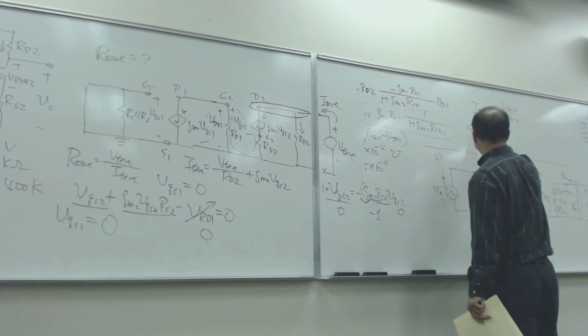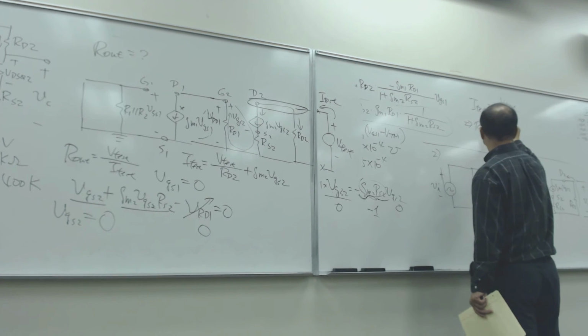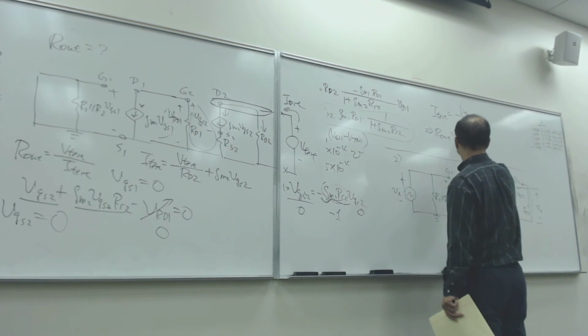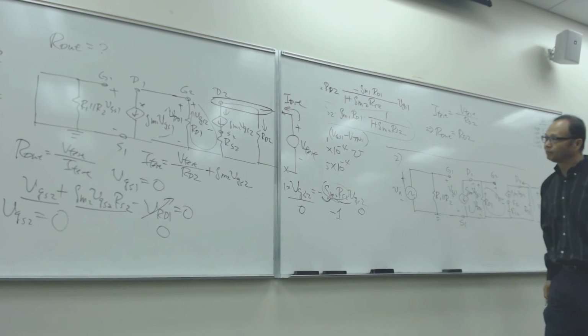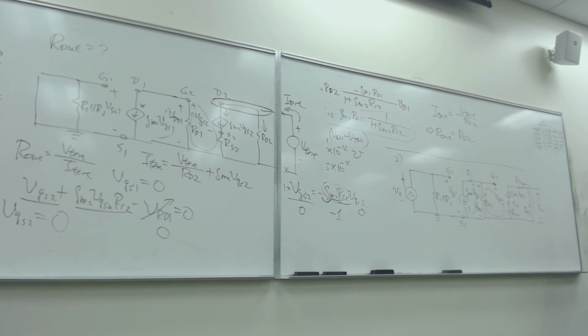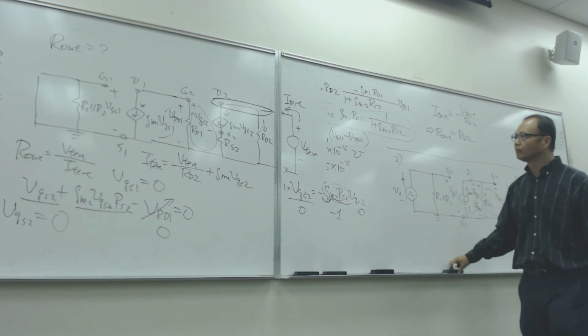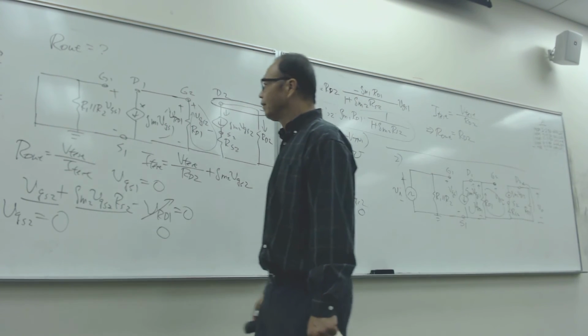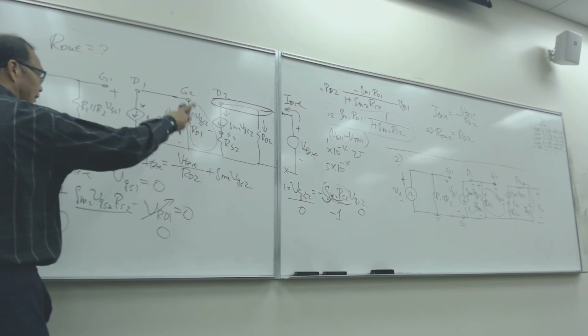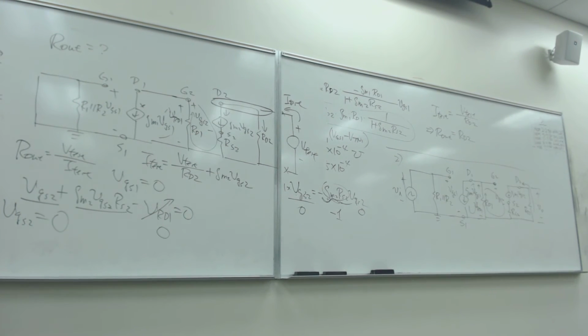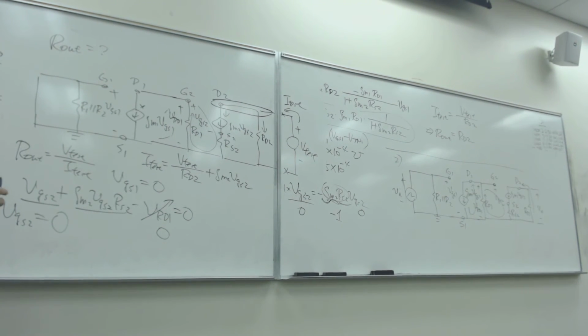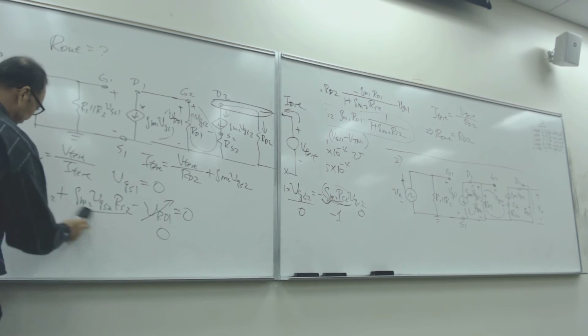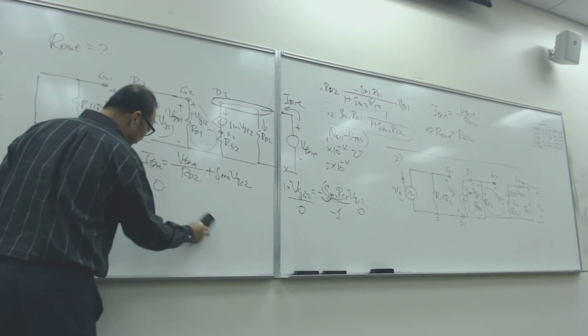So therefore, R out is just what? RD2. That's it. All this work, at the end, the solution is very simple.